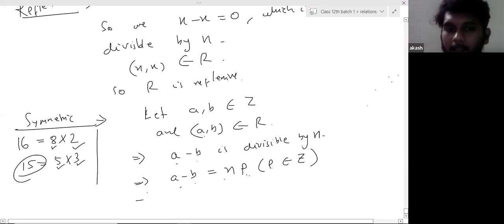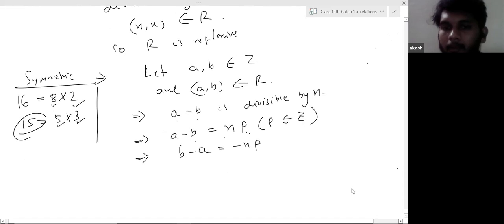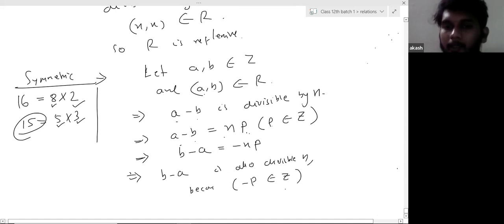All right. Now I can say b minus a equals minus np, right? Multiplying a negative sign both sides. So can I say that b minus a is also divisible by n, because minus p also belongs to Z?